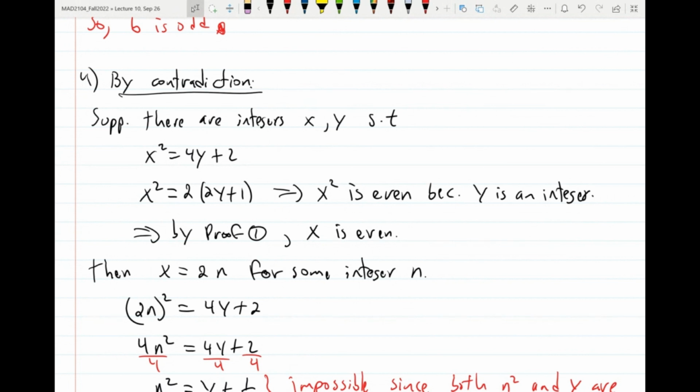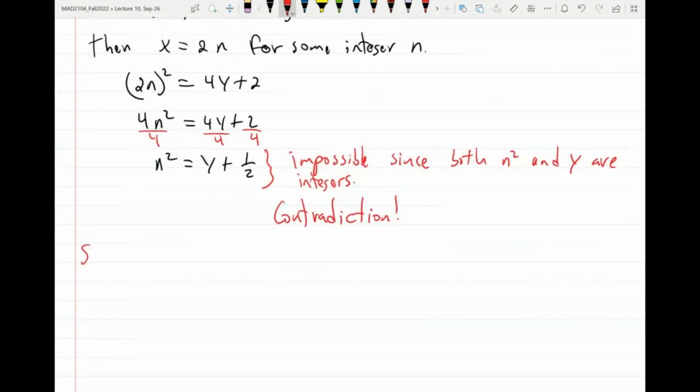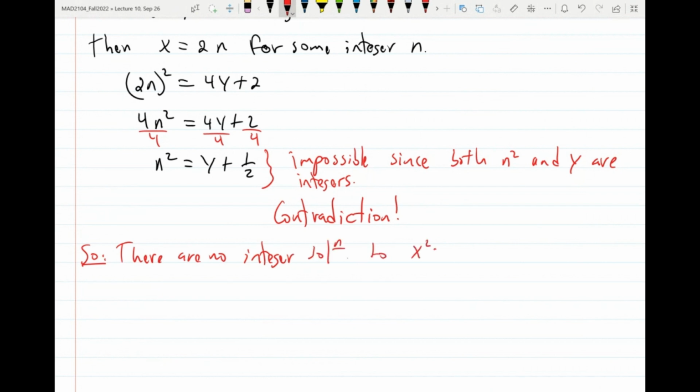And hopefully you see how we use the fact that we had integers, right? In here, we heavily used that. So there are no integer solutions to x squared equals 4y plus 2. If you're gonna solve this equation, you need to look somewhere else, but you cannot look within the integers. Okay? So you're not gonna find.